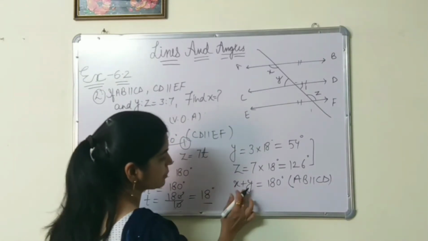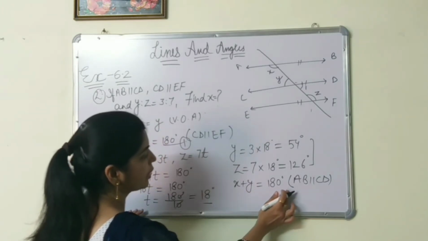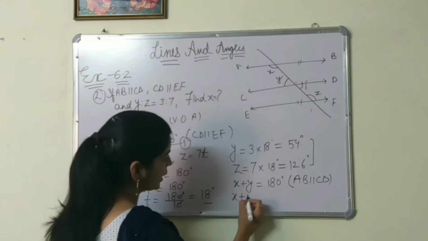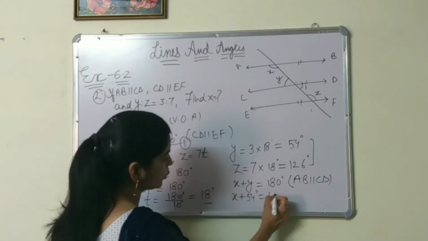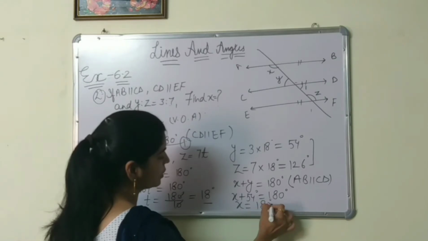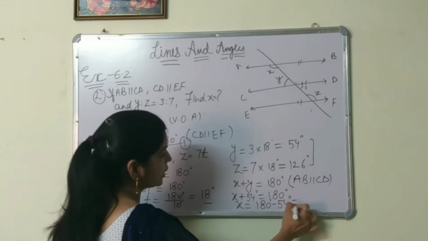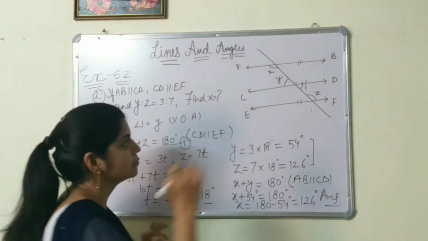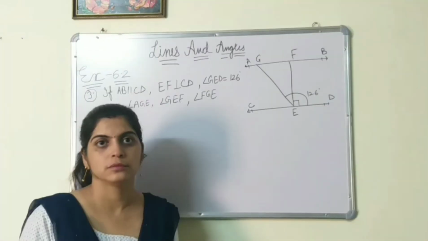So we can say that x plus y is equal to 180 degree, and here we can put the value of y, that is 54 degree. x plus 54 degree is equal to 180 degree and x is equal to 180 minus 54 degree, that is 126 degree. Answer.